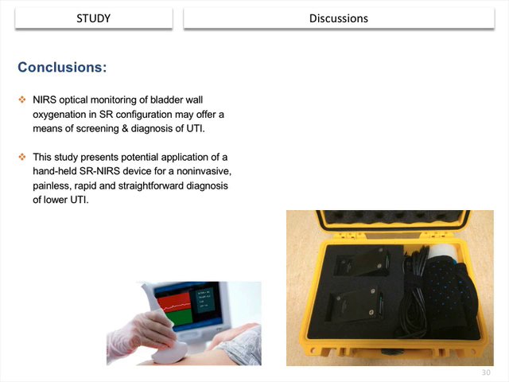This study presents the potential application of a handheld device that we started to make. Now we have the technology, hardware and software, of near-infrared spectroscopy to make a two-channel device. It means that in future, in just a 1 minute procedure, we can collect data from the bladder wall as well as the control side, instead of moving one sensor from one point to another.